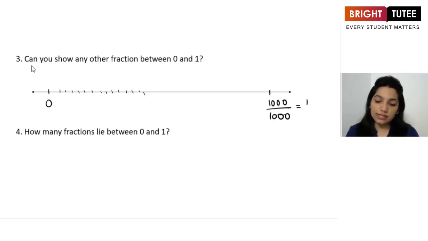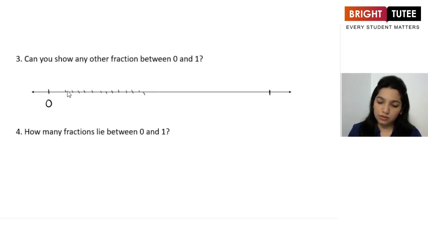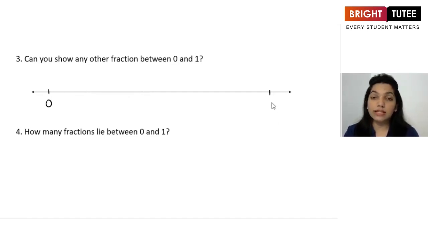Okay, so it says, can you show any other fraction? Let's just show them any simple one which we can make here. So I'll just erase them. Say here, instead of 1000 over 1000, let's say we have got 6 over 6. So this 1 is representing 6 over 6.